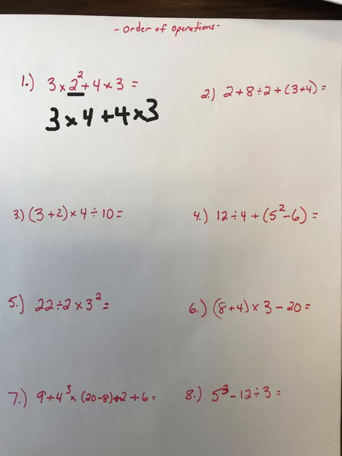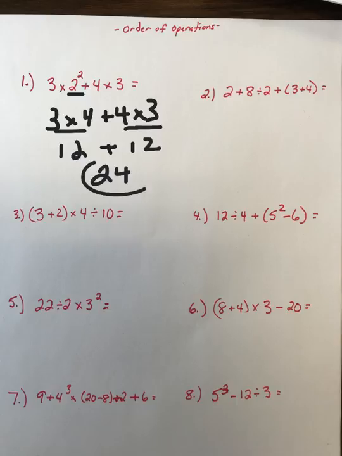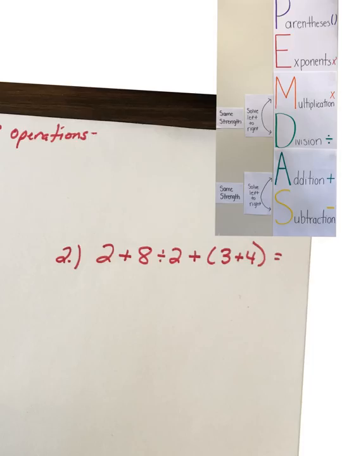Now I need to do multiplication and division from left to right. There's a multiplication, and those have to be before the addition problem. So this is 12, and this is 12. So it's 12 plus 12, and the answer is 24. Do question 2 right now, and then pause the video. Turn it back on when you're done with the question.